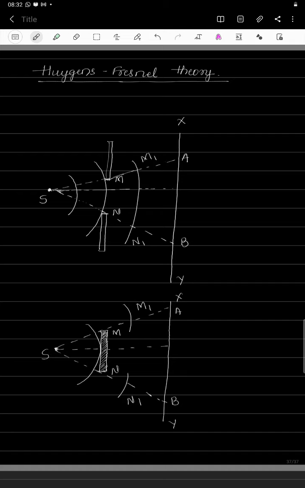According to the Huygens wave theory, each progressive wave produces secondary waves. A wave is called a progressive wave when it leads to the next wave. All the particles which are vibrating in the same phase act as sources, and these sources are responsible for producing the secondary waves.